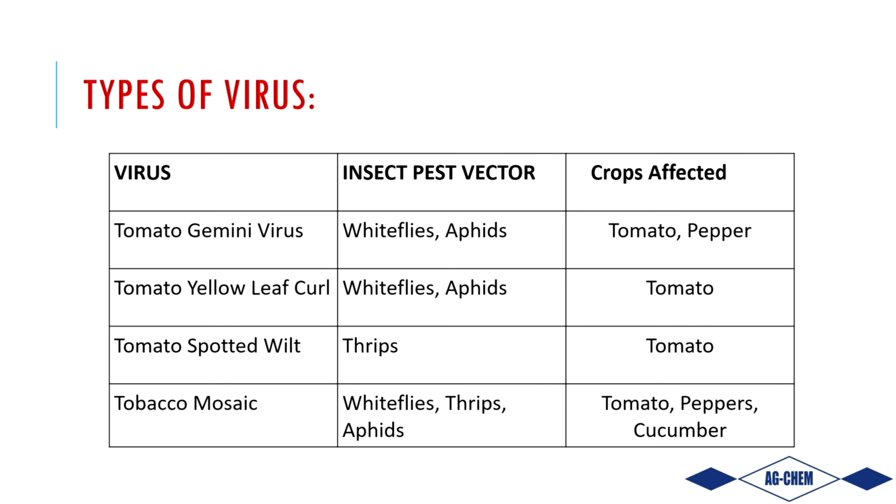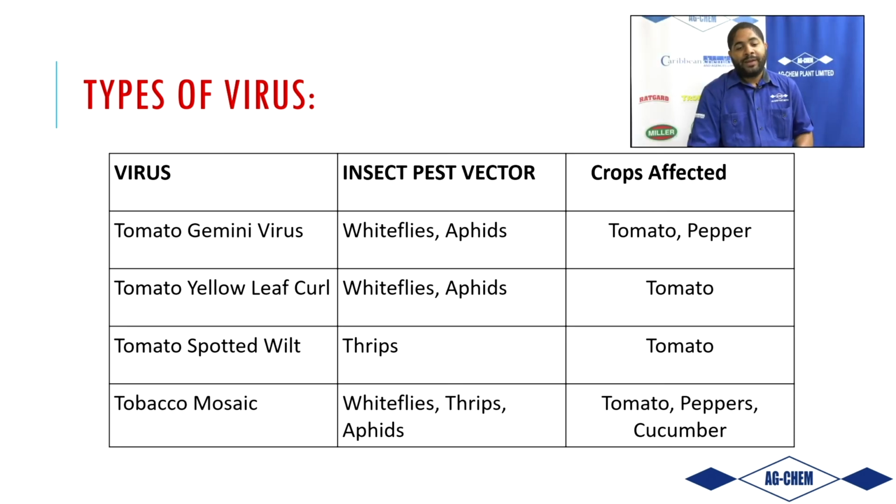Now, the types of viruses. Tomato Gemini virus is transmitted by whiteflies and aphids, and the crops mainly affected by this are tomatoes and peppers. The tomato yellow leaf curl virus, more popularly known to us as the Jerry curl virus, is transmitted by whiteflies and aphids, and this is predominantly seen in tomatoes.